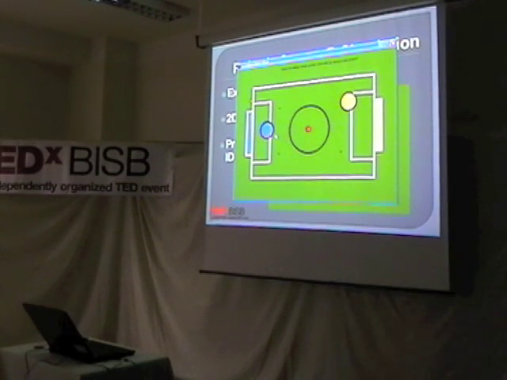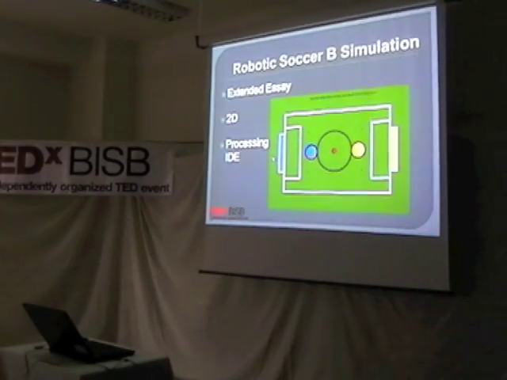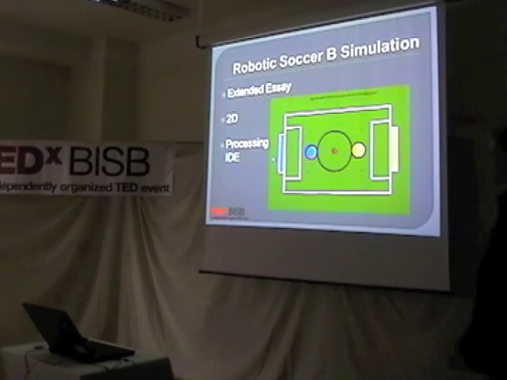It can be easily moved by hand, then the heading of the robot, and then just start the game and the game proceeds. Nice, right? Now back to the presentation.